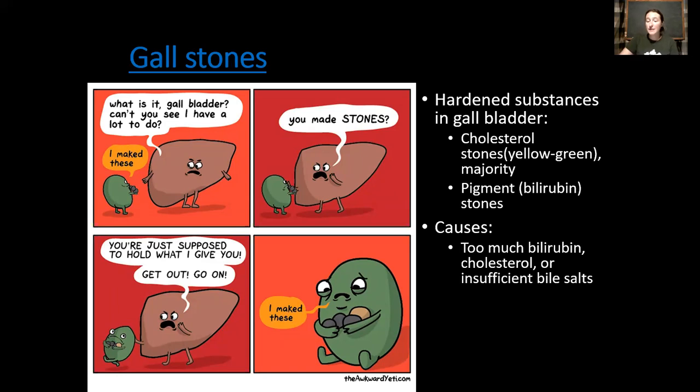Also, if you have insufficient bile salts, or inadequate emptying of your gallbladder, so if there's some kind of blockage preventing the bile from going from the gallbladder down into your intestines, your gallbladder is going to continue dehydrating or concentrating that bile until it becomes little rocks. It's so dehydrated that it is solid instead of liquid.